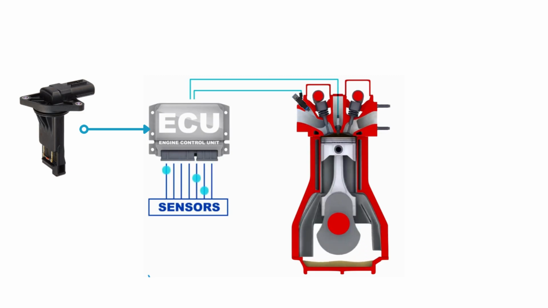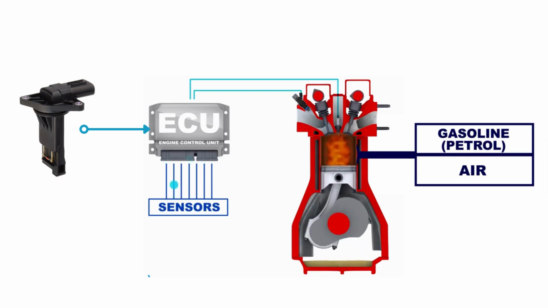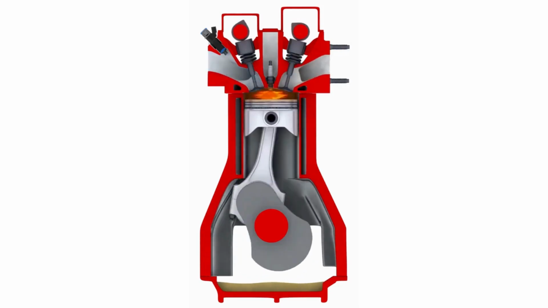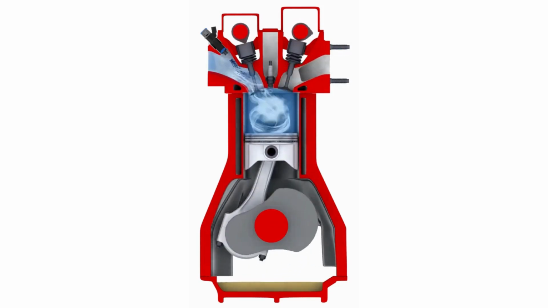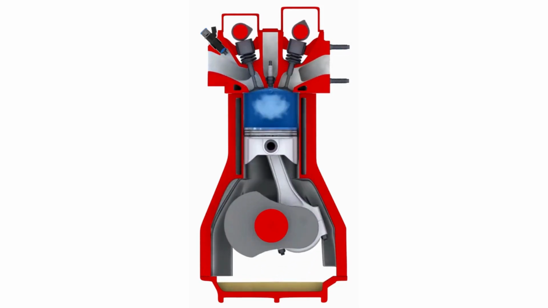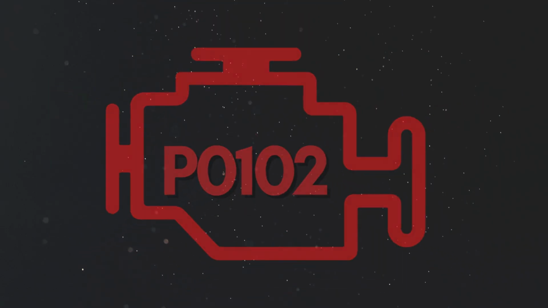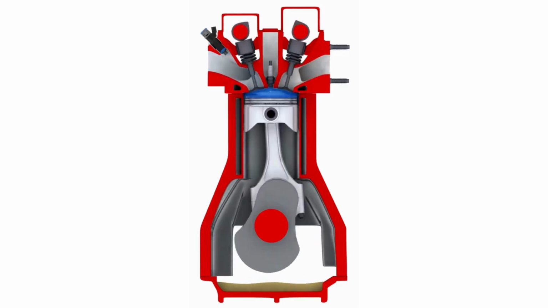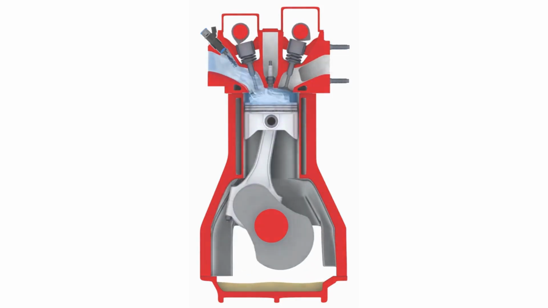In simple terms, the MAF sensor tells the engine how much fuel to inject based on the amount of air coming in. If the reading is off, the entire fuel mixture becomes unbalanced, which leads to poor performance, rough idling, and even trouble codes like P0102.